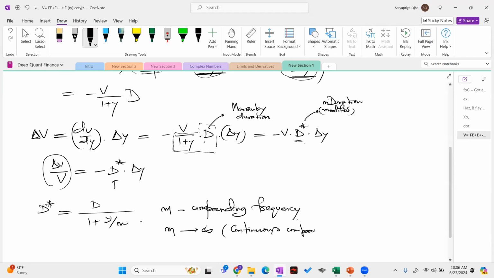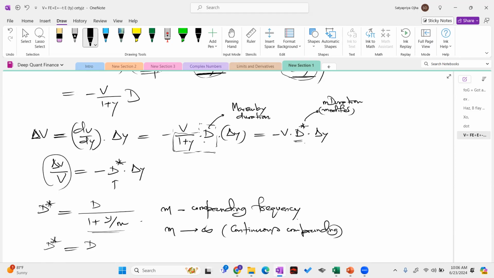Continuous compounding is much, much faster than daily, unimaginably faster, okay? If m tends to infinity, what happens to this guy? Y by infinity? Y is just a number. So a finite number divided by infinity is 0.